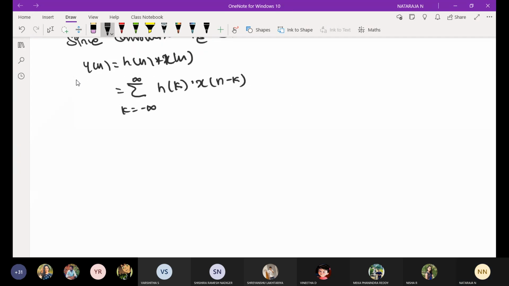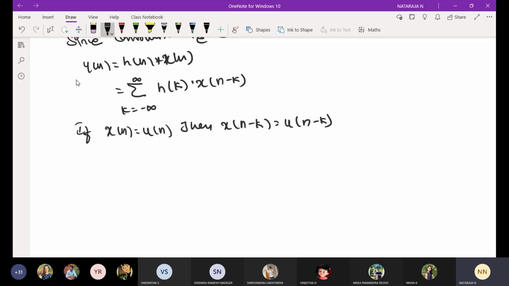Next, if x of n is equal to u of n, then x of n minus k is equal to u of n minus k. I am going to replace x of n with u of n, and x of n minus k with u of n minus k.